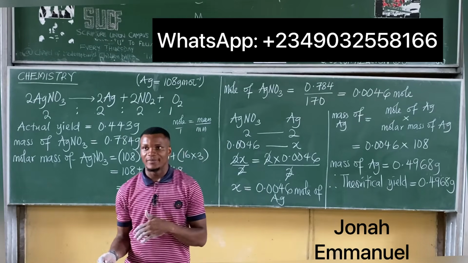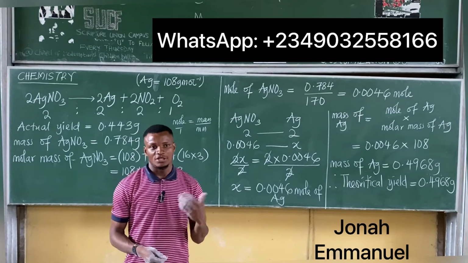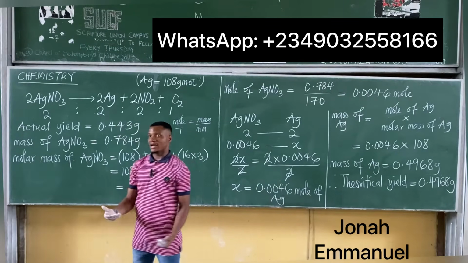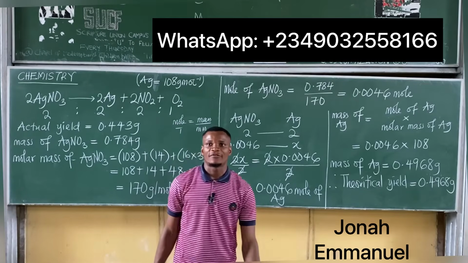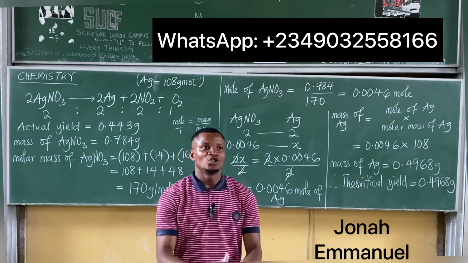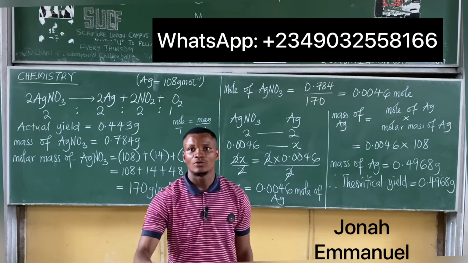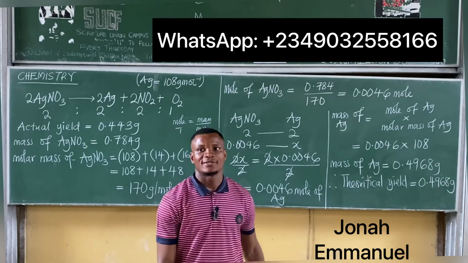Mass of the element as calculated is theoretical yield. Mass of the element as given is actual yield. We are asked to find percentage yield. Shouldn't be a problem: actual over theoretical times 100%.